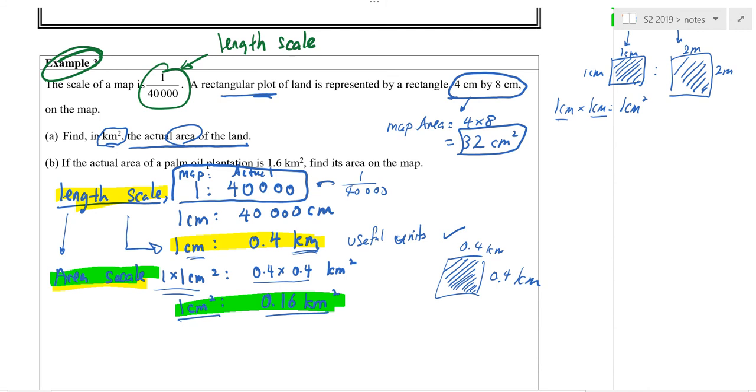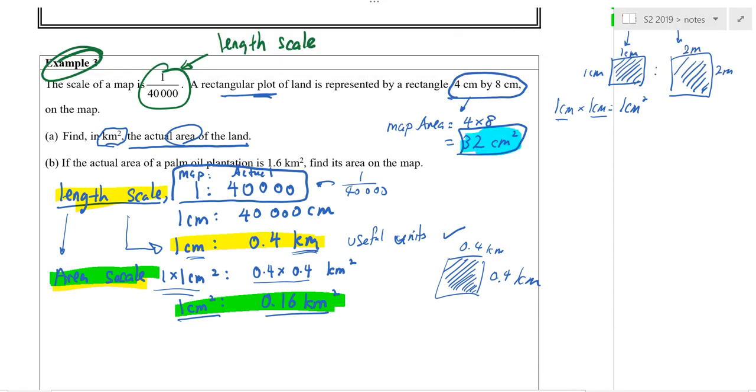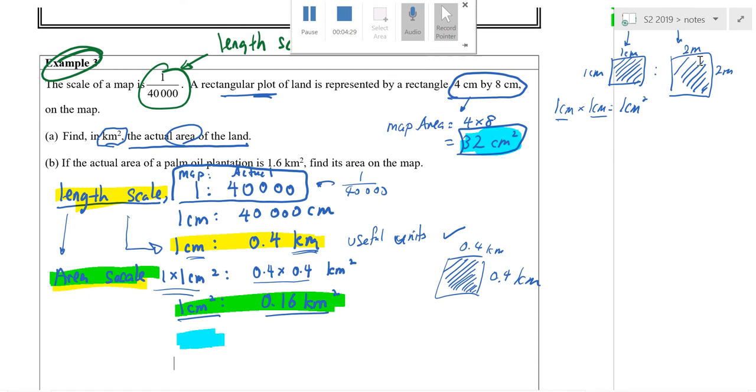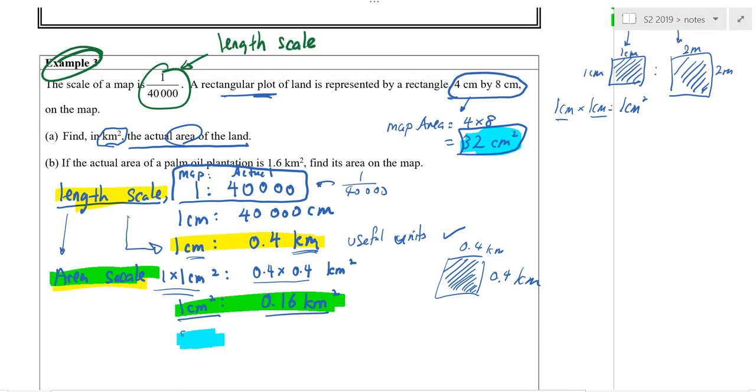My question, if I want to put 32, do I put under the map or the actual? I need to put here, right? So therefore, I'm able to write 32. Do you agree? And therefore, how to get 32? I times 32. Here I also times 32. So then I have my final answer. Do you understand? So this is done.